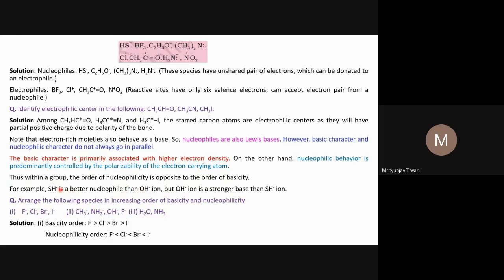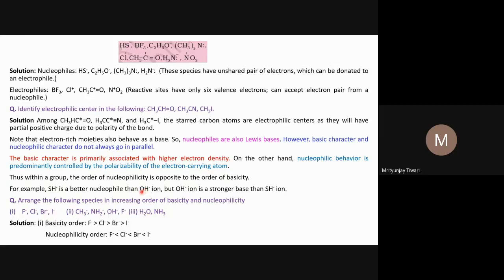So SH⁻, because the sulfur atom has a negative charge and this atom's size is larger than oxygen, it is a better nucleophile because it is more polarizable. The sulfur atom is easily polarizable. Its polarizability is more than the oxygen atom in OH⁻. This oxygen atom has a higher electron retention tendency because of higher electronegativity or higher effective nuclear charge.